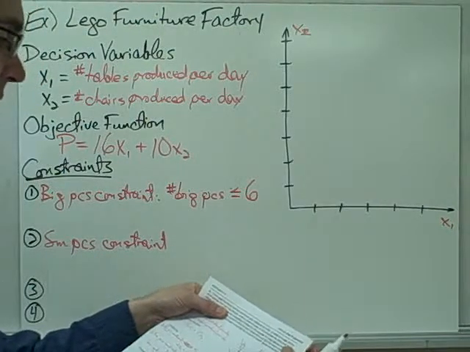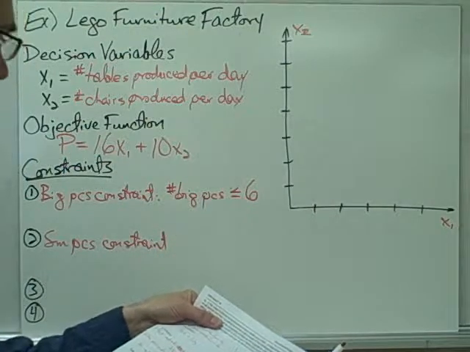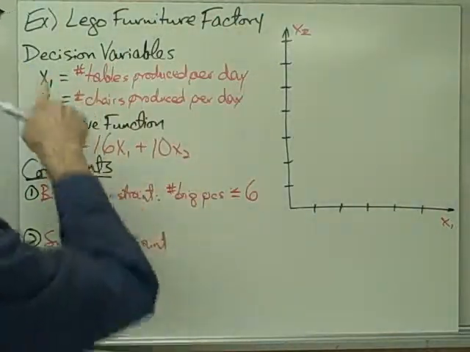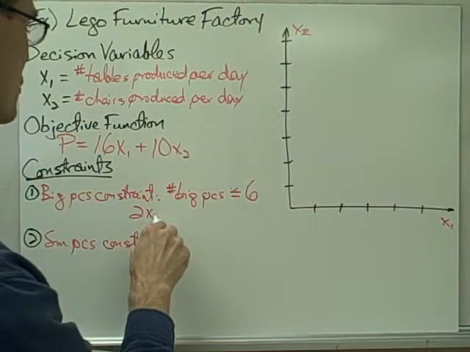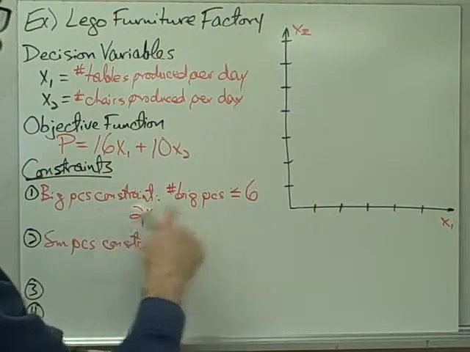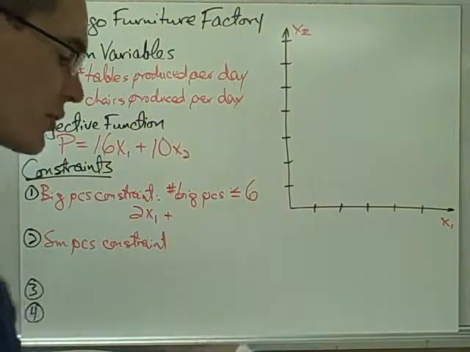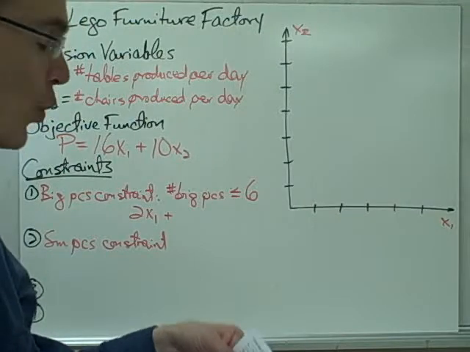Well, if a table uses 2 big pieces for each table that it makes, and the number of tables produced per day is x1, then 2 times x1 is the number of big pieces that I use in making tables. I'm also told that a chair is made of 2 small pieces and 1 big piece.